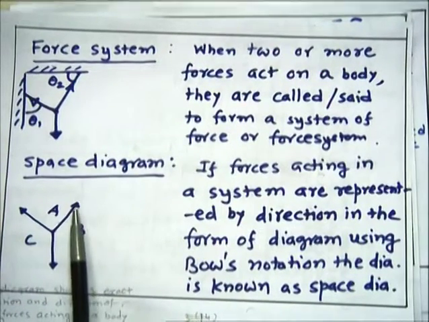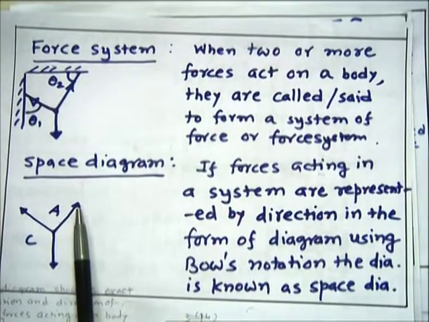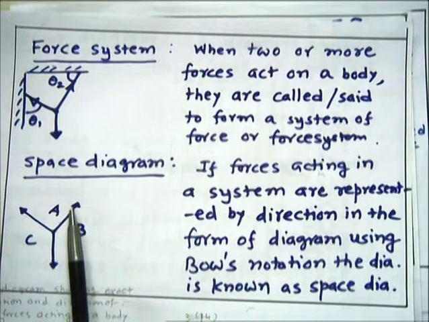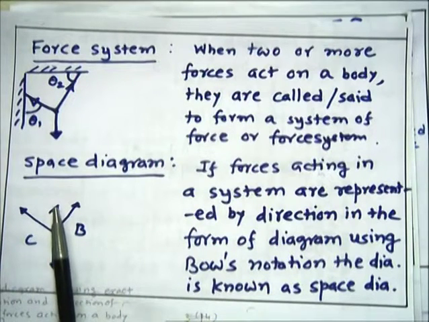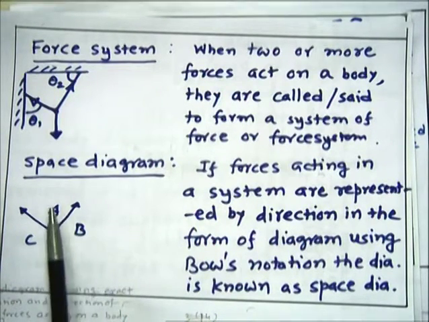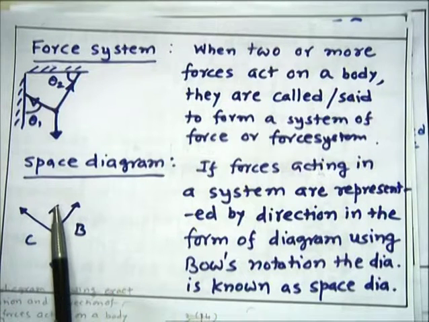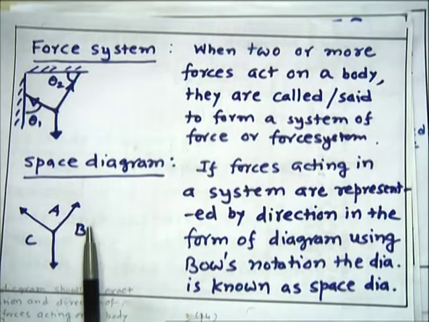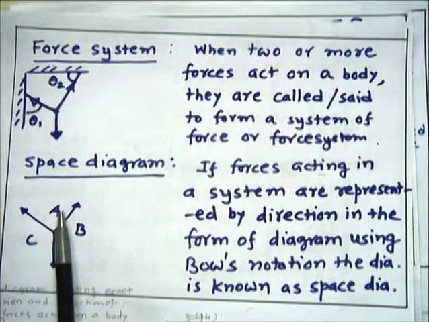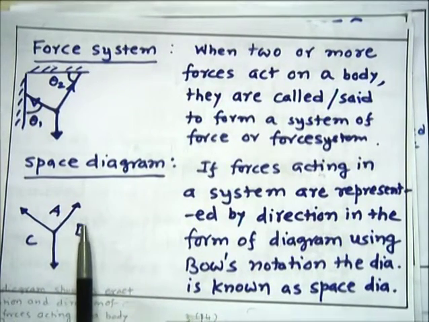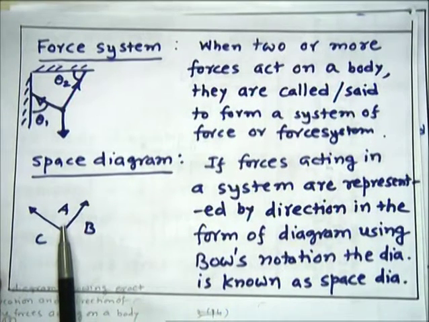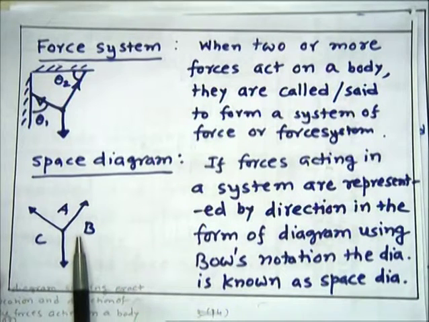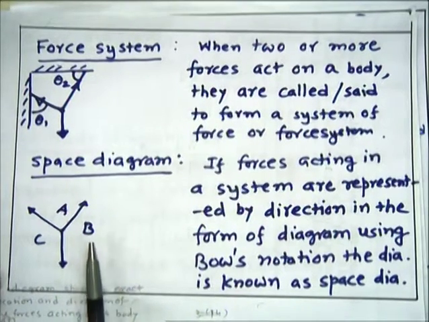In Bow's notation, we give two separate letters to each force, one on either side of the force. So for this force we have given the letter A here, and on this side another letter B. Accordingly, we give these capital letters as per Bow's notation. So in the space diagram, we measure angles or distances exactly, and also plot the line of action in this way.